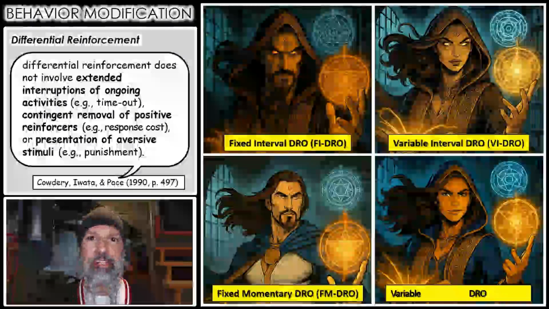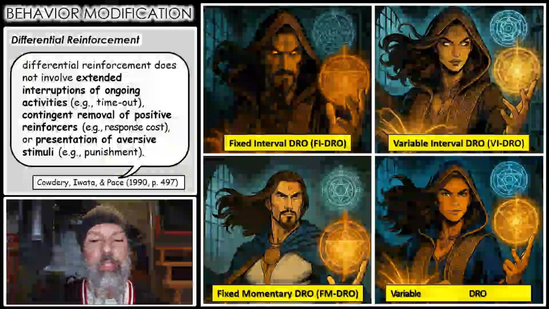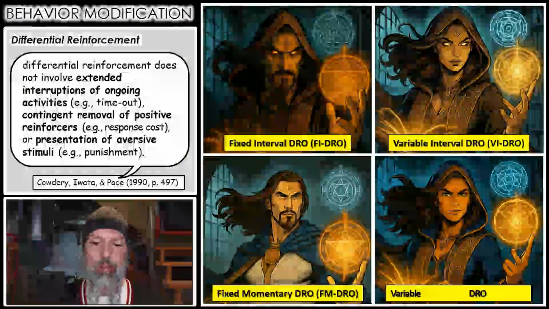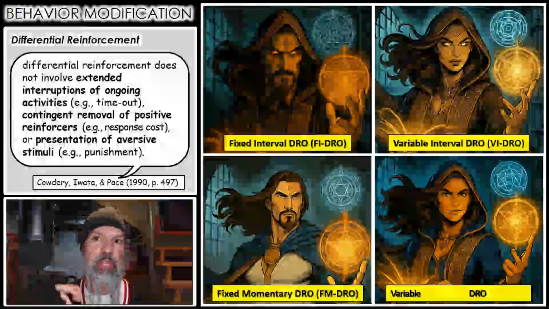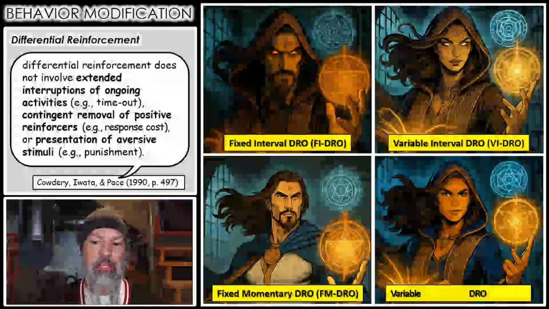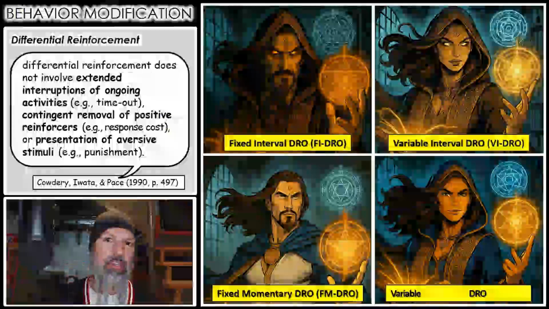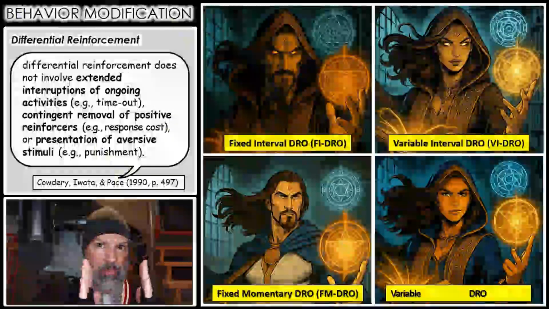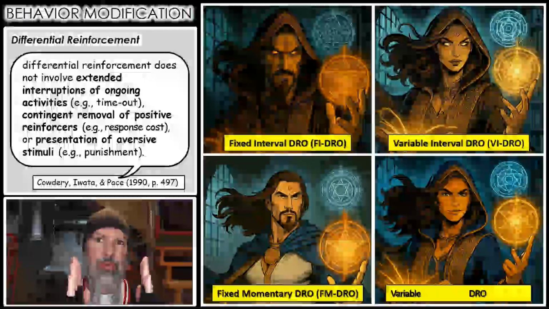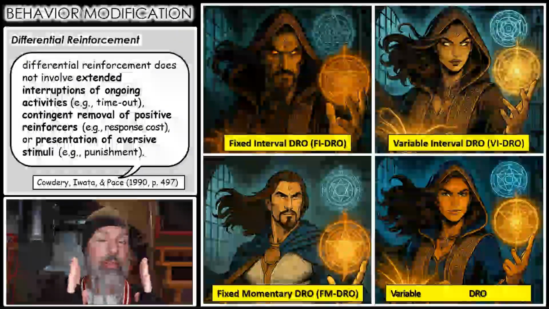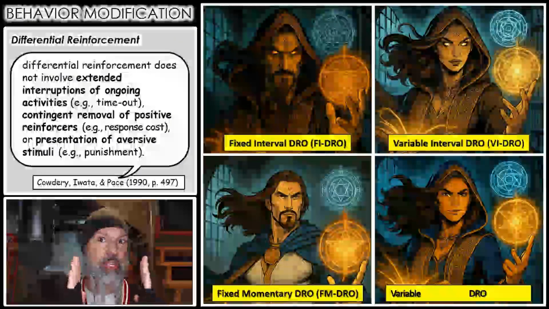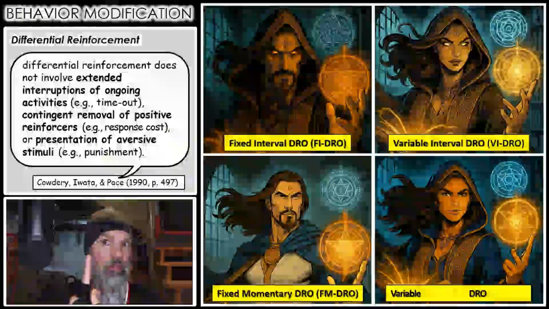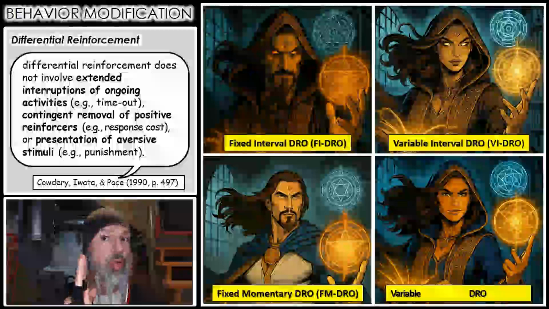So if it's a fixed momentary differential reinforcement of other behavior, that means that reinforcement is given only if the behavior is absent when the interval expires. So if you're trying to reduce a problem behavior and your fixed momentary differential reinforcement interval is 10 minutes, that means that when that interval expires at the 10-minute mark, if that problem behavior is not occurring, you get reinforced.